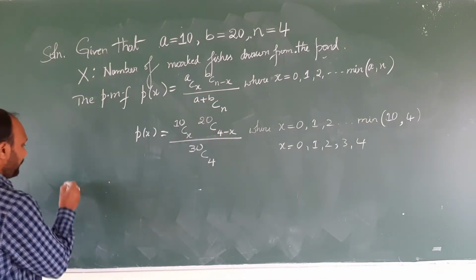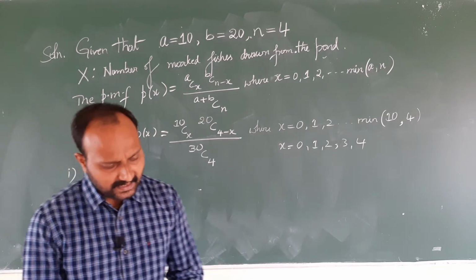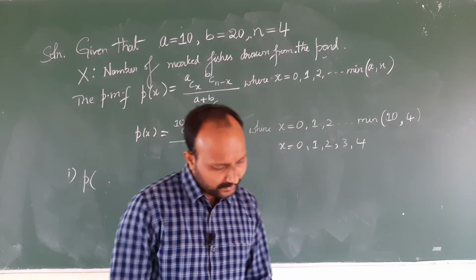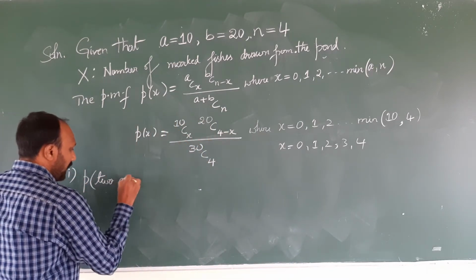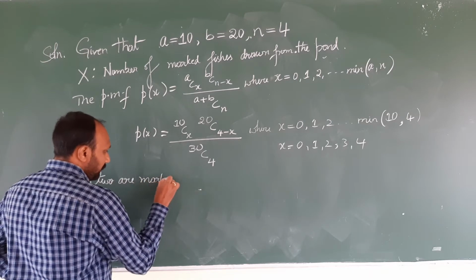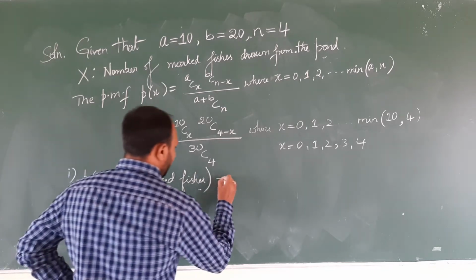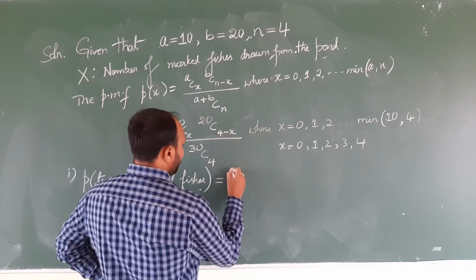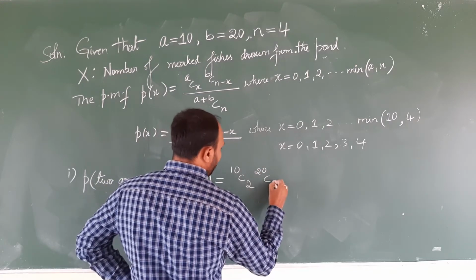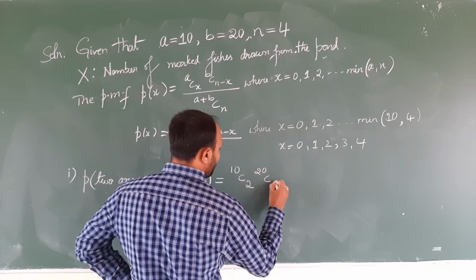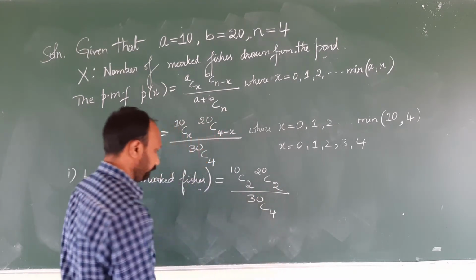Now, let us solve the first question. What is the first question? What is the probability of drawing 2 marked fishes? Probability of 2 marked fishes is 10 C 2, 20 C 4 minus 2 that is 2, divided by 30 C 4.